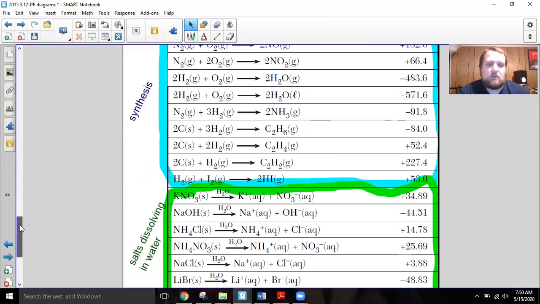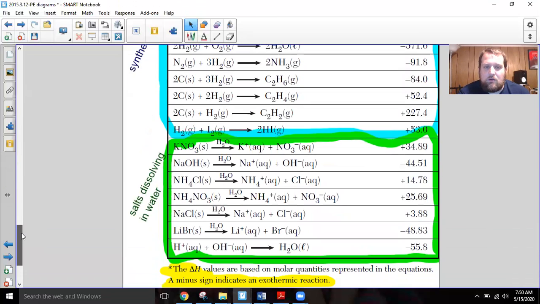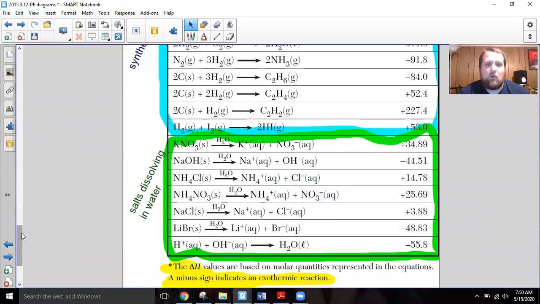And the last section, these are all salts dissolving in water. So if you look, these are all solid substances. They're being added to H2O, and then they're breaking up into their positive and negative ions. And this little aq, you remember, stands for aqueous, which means dissolved in water.